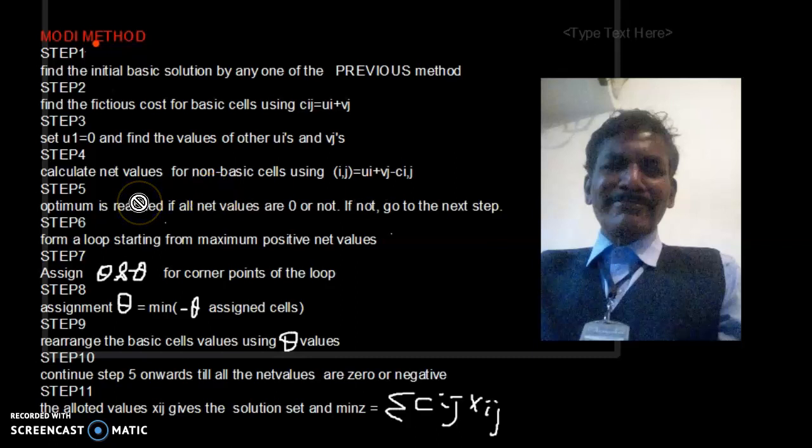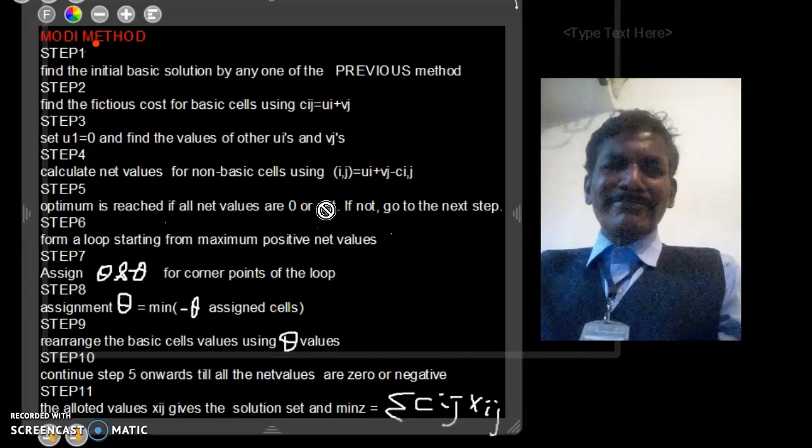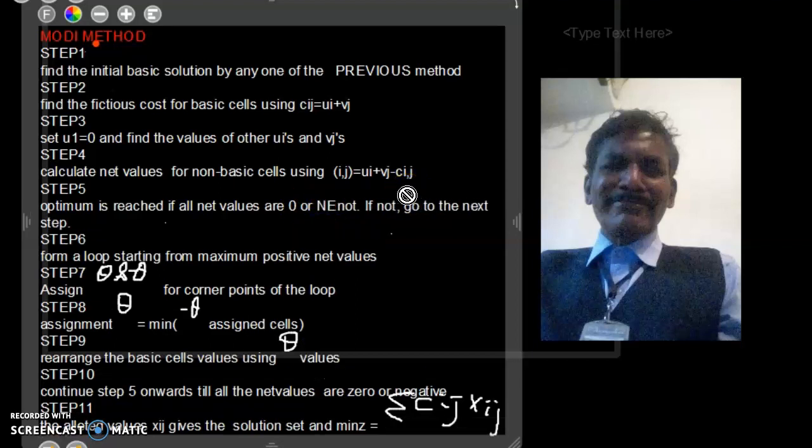Now comes the fifth step. In the fifth step, if all the net values are 0 or negative, then the optimum is reached.